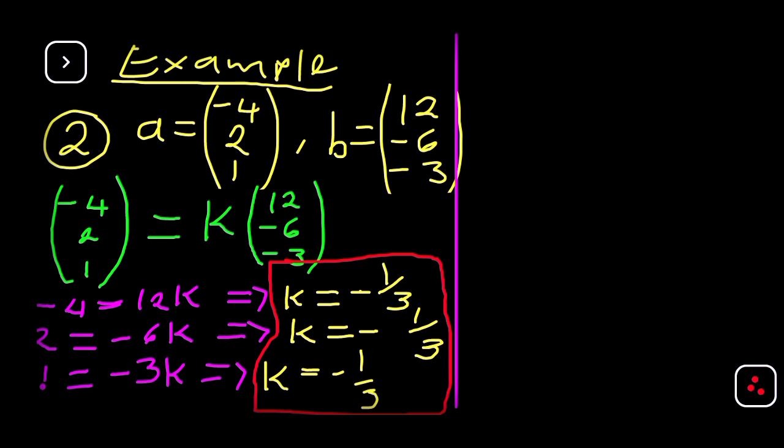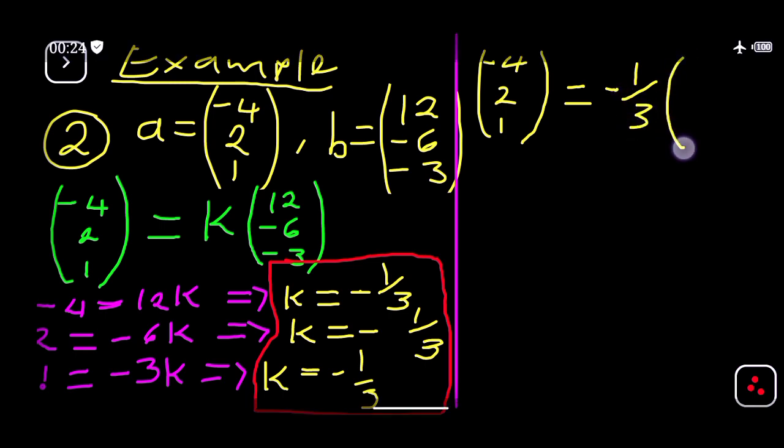So our vector a, which is negative 4 to 1, is equal to k, which is negative 1 over 3, of vector b, which is 12, negative 6, and negative 3.